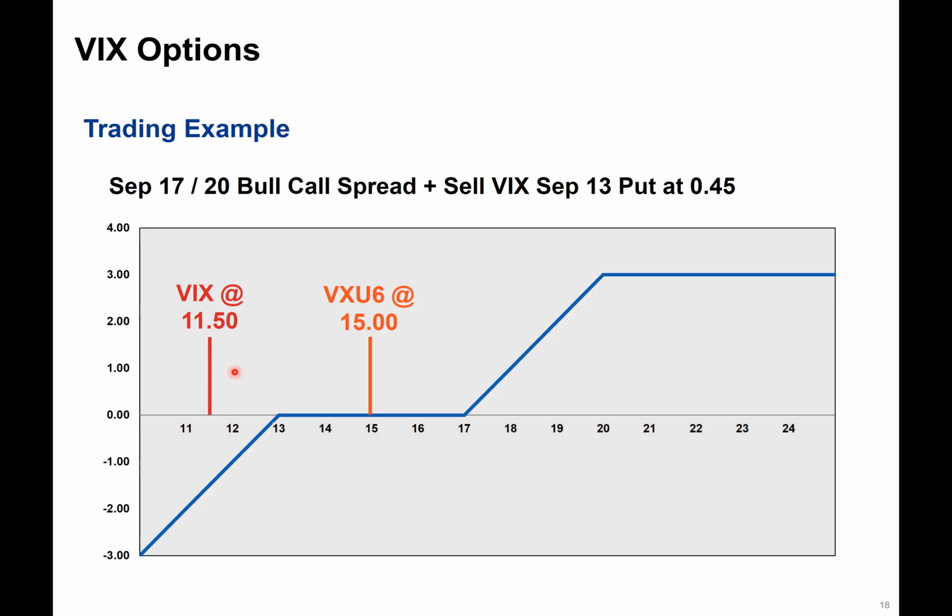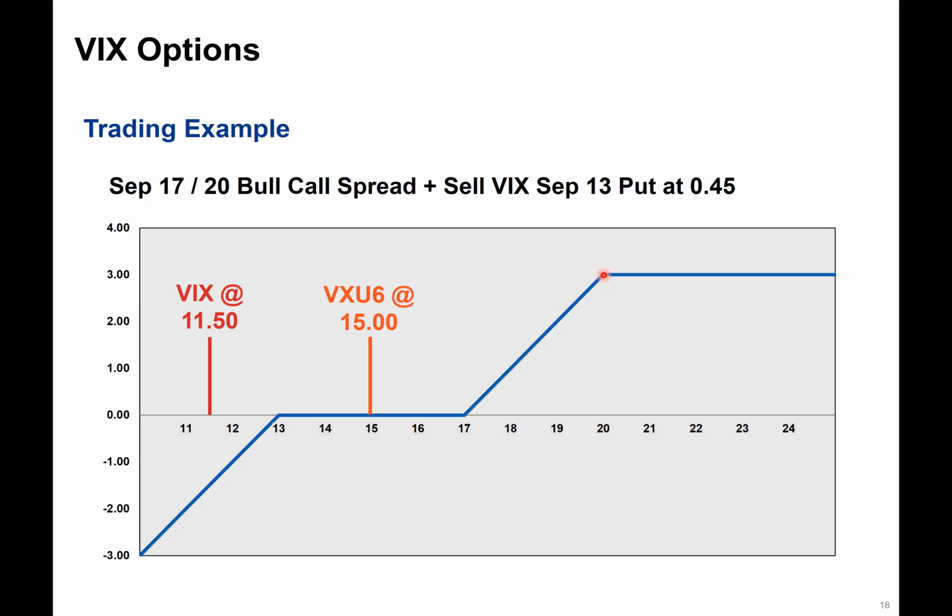But even if we just get a moderate move higher in spot VIX, at least in this case, if VIX is between 13 and 17, we have no loss or no gain. And then above 17, we start to benefit from the upside move, up to 3 points, up to 20.